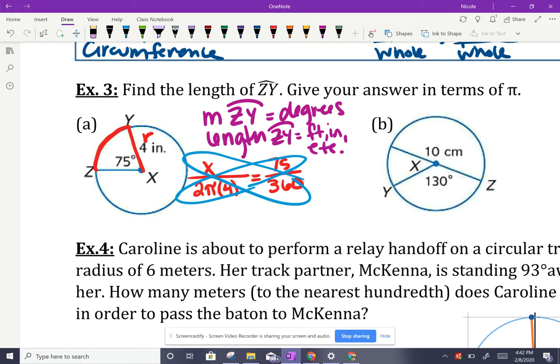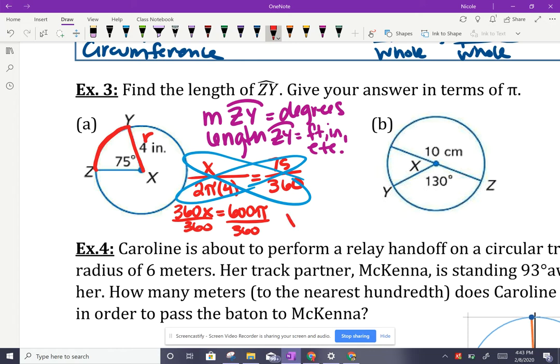So that ends up with 360x equals 2 times 4. 2 times 4 is 8, guys, times 75. So 600, and I'm not multiplying that pi in. Please be very careful. You are not multiplying the pi in.